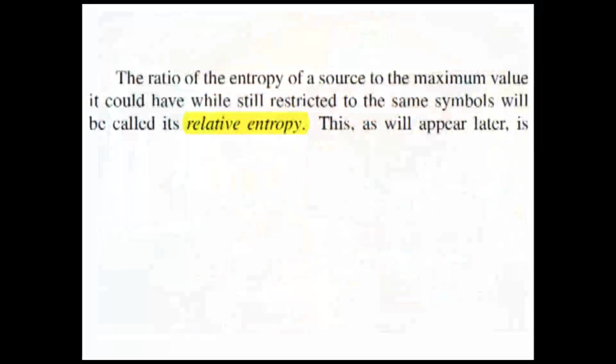Okay. So here comes another interesting nugget. He says the ratio of entropy to the logarithm of the number of choices, I'm going to call that relative entropy, something that is between 0 and 1. And for many years, I refused to call it relative entropy because I wanted to pay homage to Shannon, who called something different relative entropy.